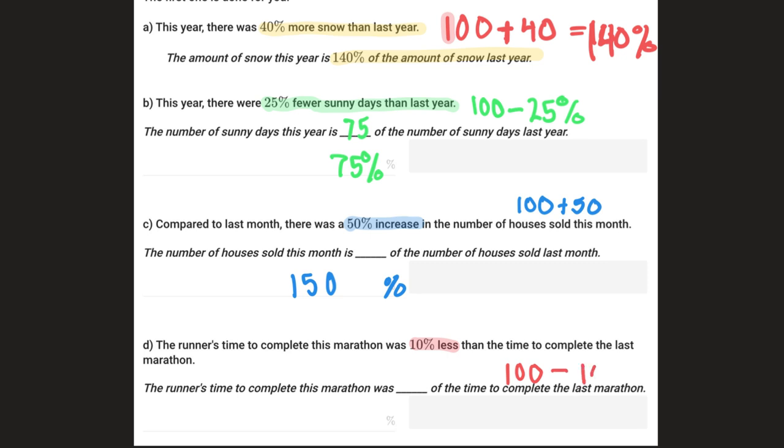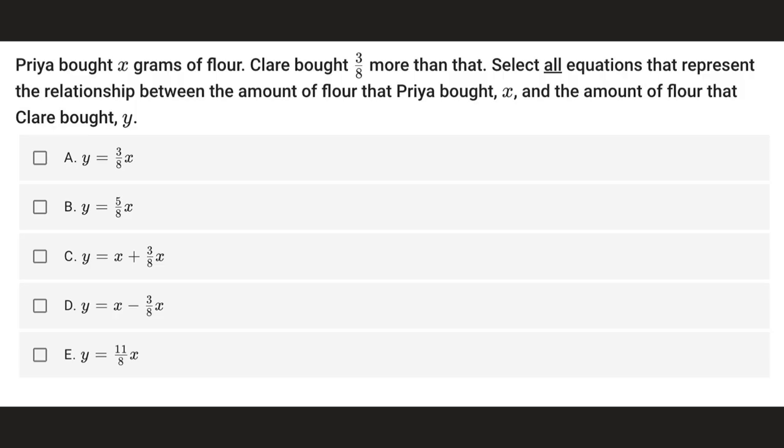This year we were 10% less time. That means we were faster. So this time it was 90% of the time from the last marathon. This problem is pretty similar to question 2. It's just really good to get used to, so that's why we did so many problems like this.